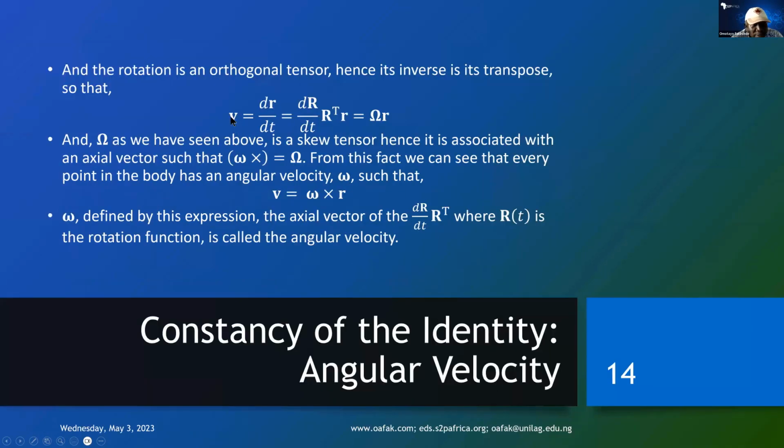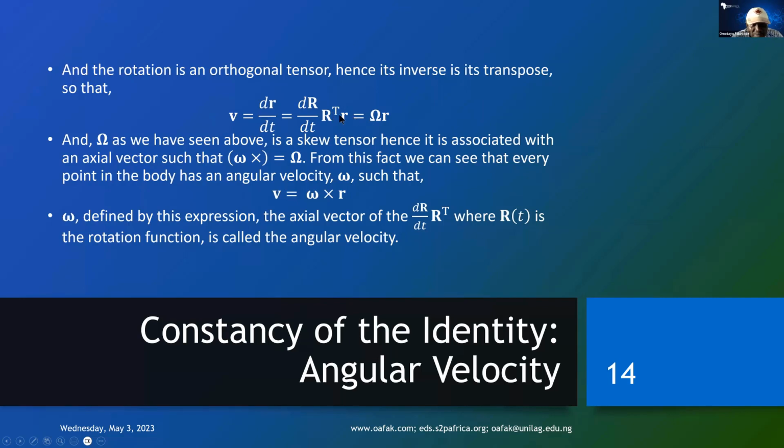Therefore, if we define B, where B is the derivative of the position vector R with respect to time, which is this as dR dt multiplied by R transpose R. Because R being a rotation, a rotation is a proper orthogonal. So the inverse of a rotation is simply its transpose. That's another thing you remember.